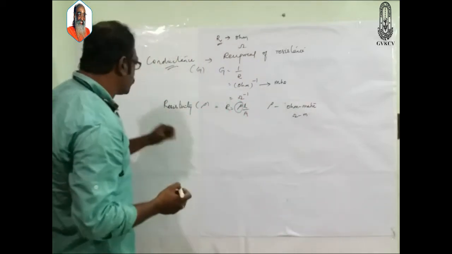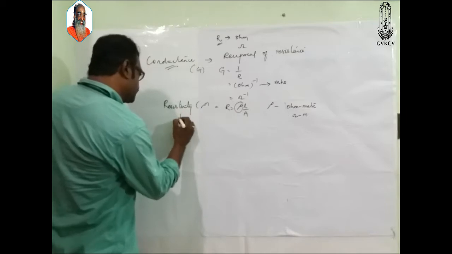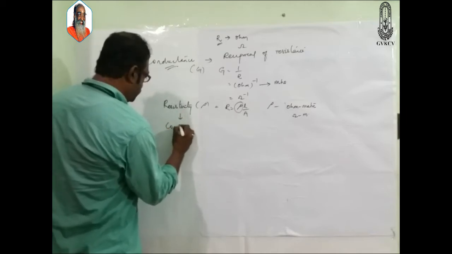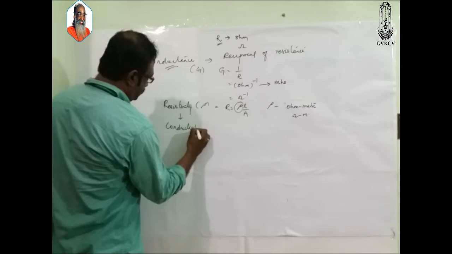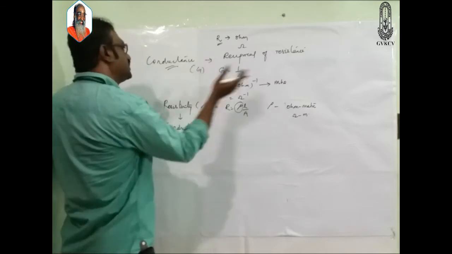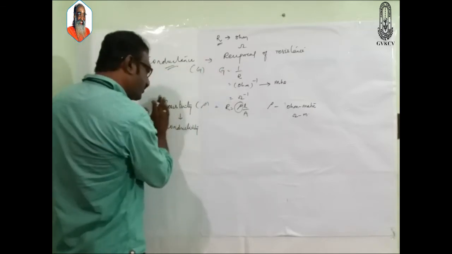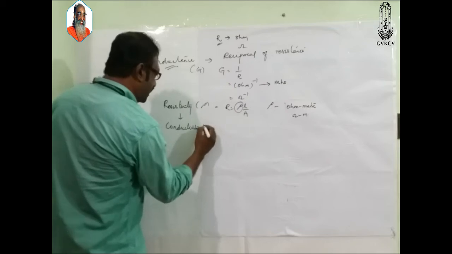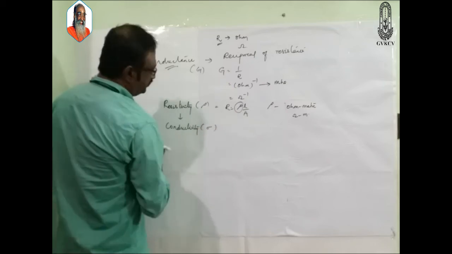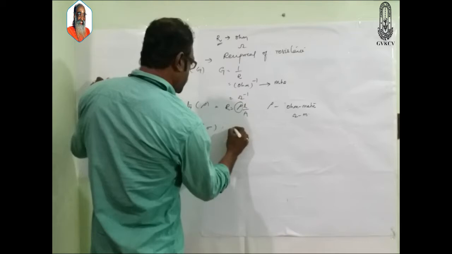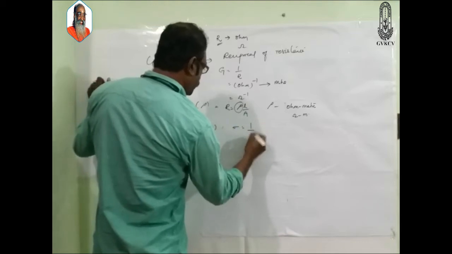And the reciprocal of resistivity is conductivity. The reciprocal of resistance is the conductance, and the reciprocal of resistivity is conductivity, denoted by sigma. And sigma is 1 by rho.